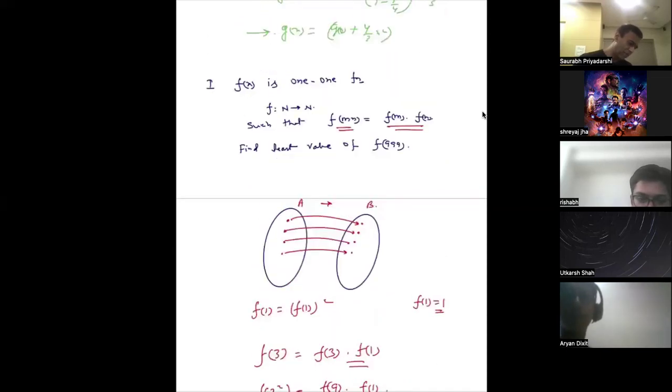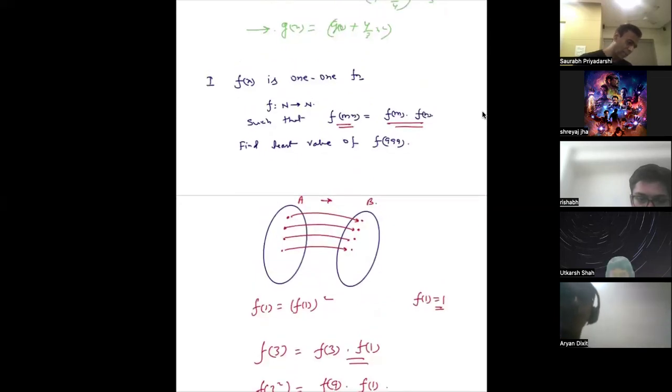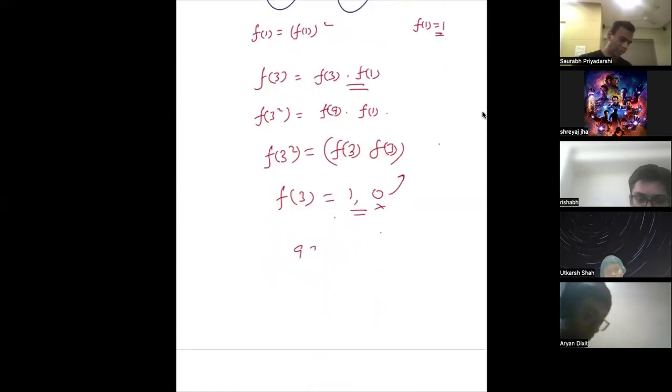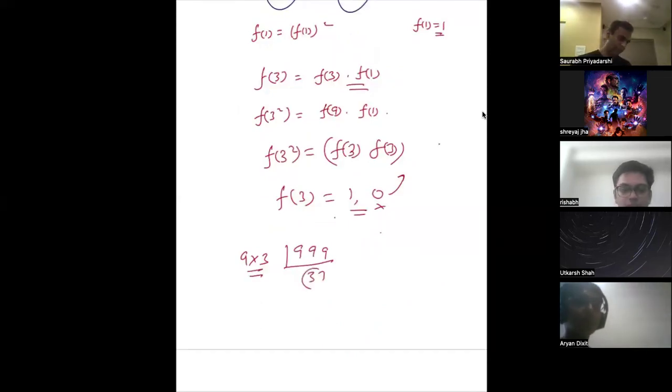If I get the factor of 999, what number am I getting? 9 into 3, 27, and the rest of the number will be 37. Means 37 into 3 to the power 3. Right? 37 and 3 to the power 3.